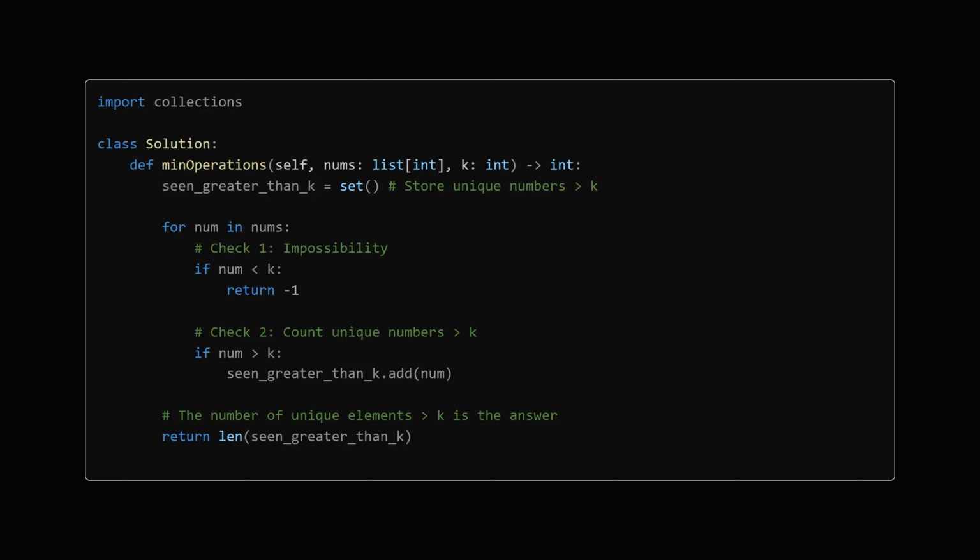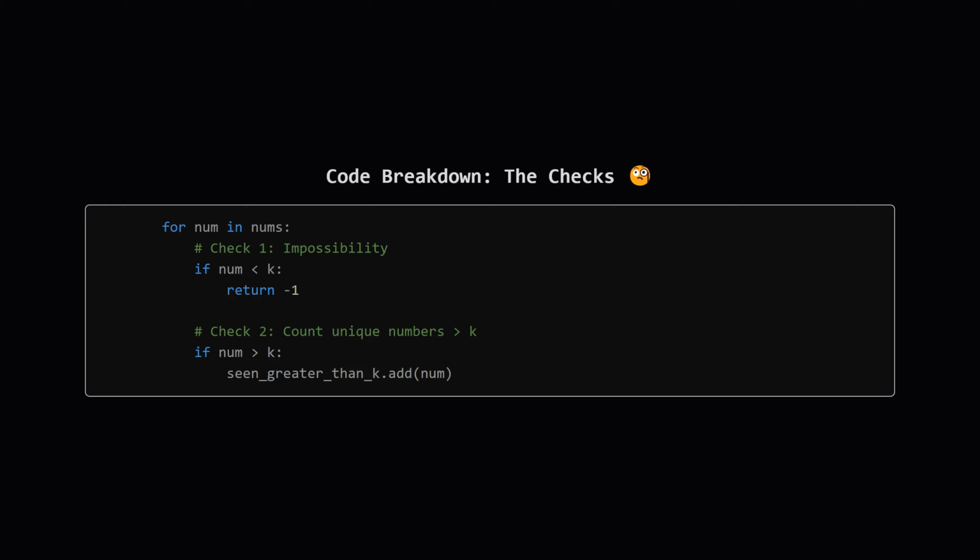Alright, here's the Python code for that logic. It's pretty short. You can see we create an empty set first, then we loop through each num in the input list. Inside the loop, we have our 2 checks, and finally we return the length, or size, of the set. Let's break down those loop parts just a bit more. So, inside the loop, for every single number, first, we ask, is this number smaller than our target k?